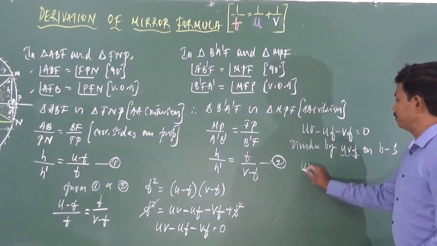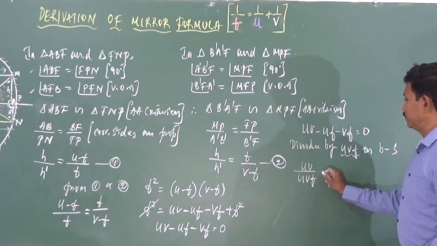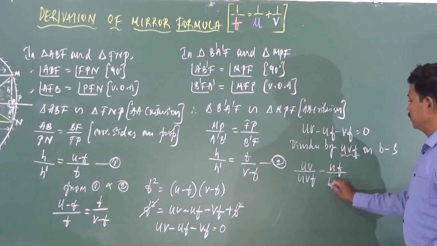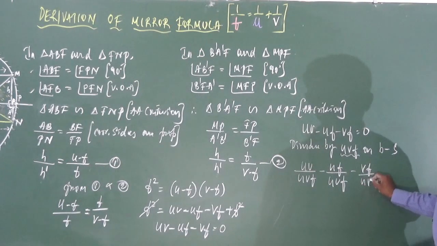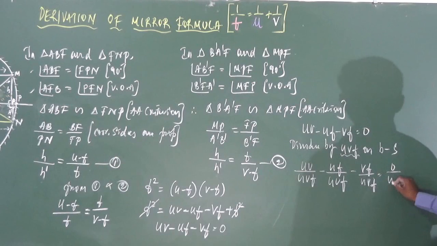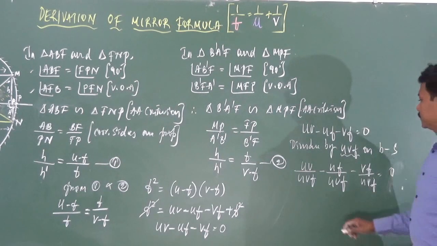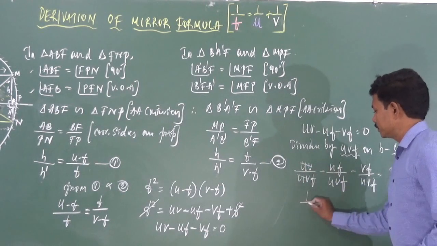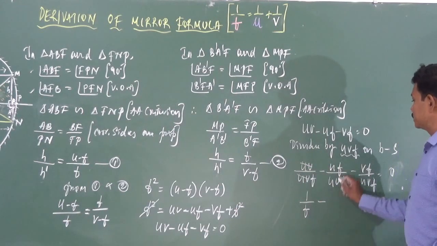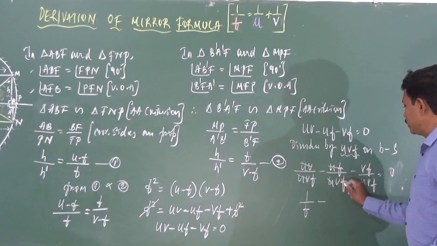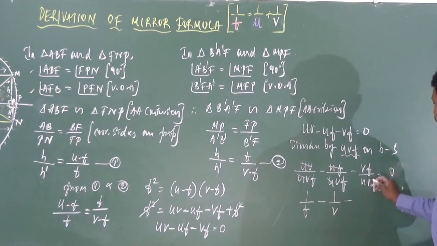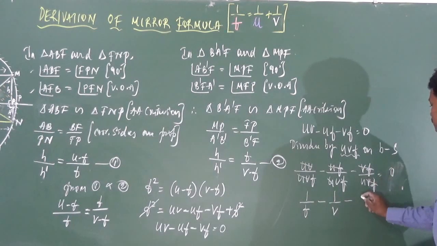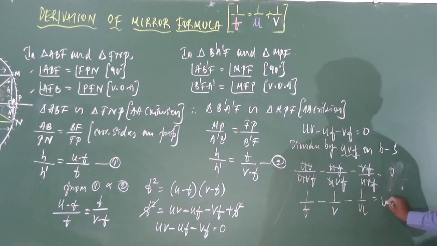So UV by UVF minus UF by UVF minus VF by UVF is equal to 0 by UVF. Okay, 0 by UVF is 0 itself, no problem. So UV and UV cancel, so you are left with 1 by F minus, okay, UF and UF cancel, so you are left with 1 by V minus, here VF and VF cancel, so you are left with 1 by U is equal to 0.